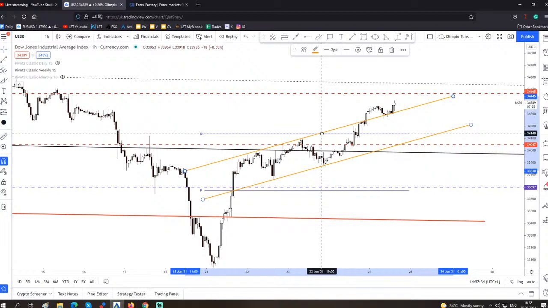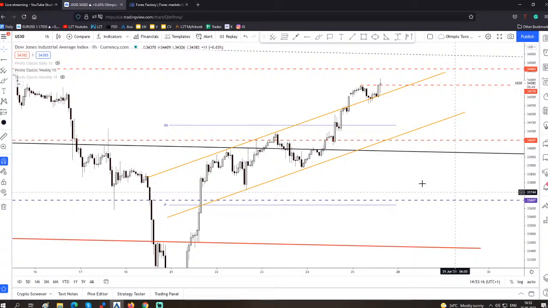But as I told you, right now it's too late to buy it if you are a free member, because here we have strong resistance levels, areas, and for the VIPs I will come back with updates into the VIP Telegram group.